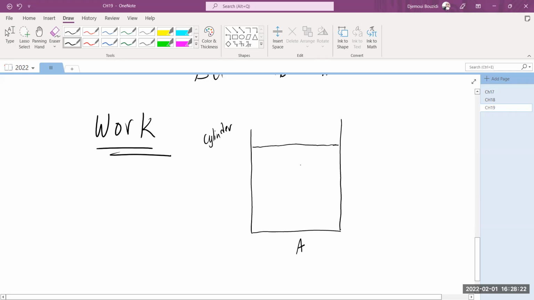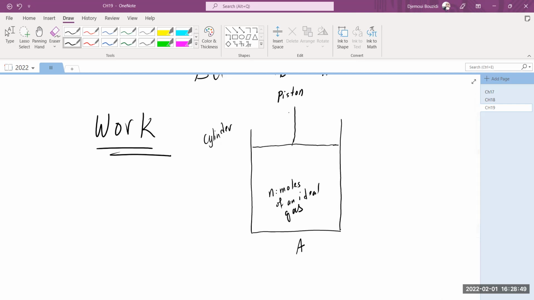I have in here N moles of an ideal gas. So there is a piston in here. This piston can go up and down.